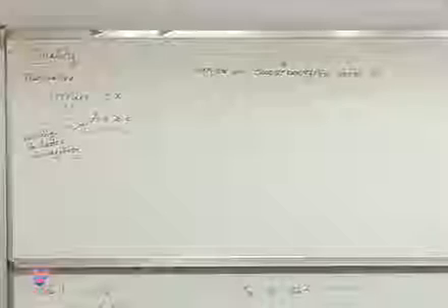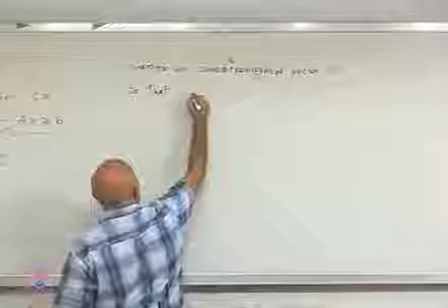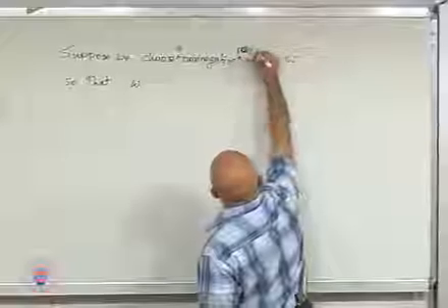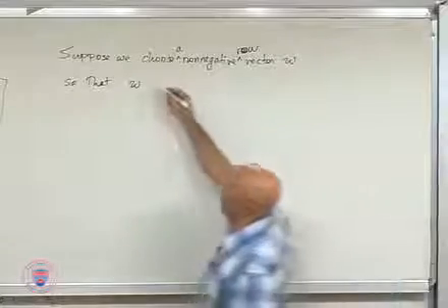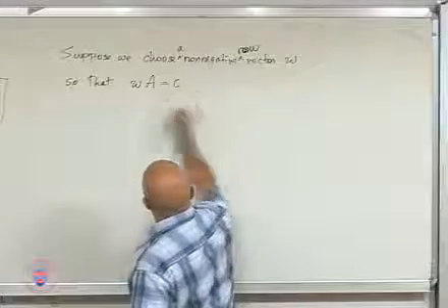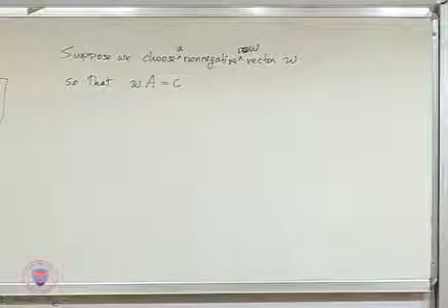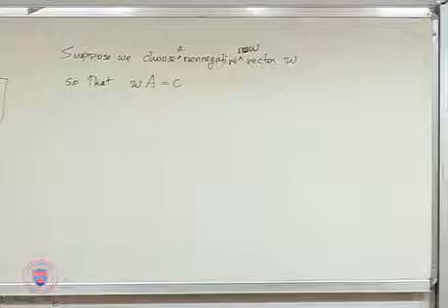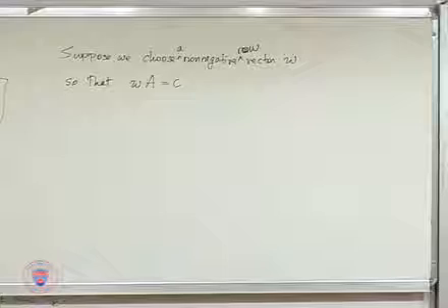So what I'm going to do is, suppose I choose a non-negative row vector W so that W times A is equal to C. So I'm trying to express the cost vector in terms of the rows of the A matrix by multiplying each row of the A matrix by appropriate non-negative numbers.